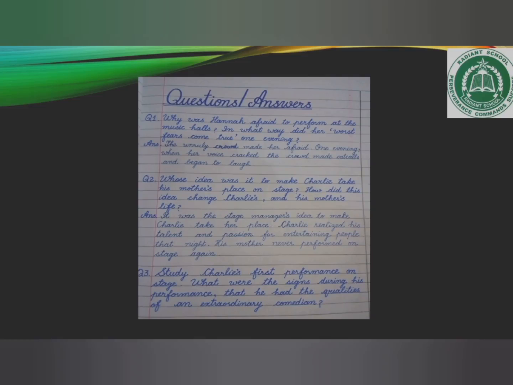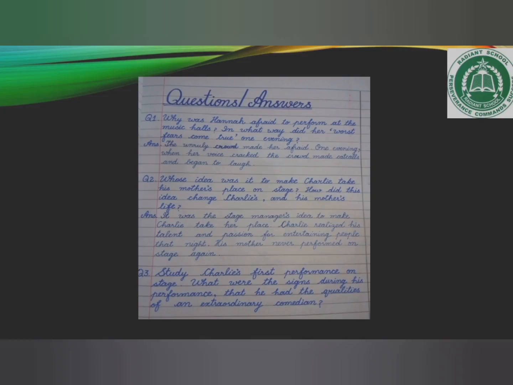Our question number 1 is, why was Hannah afraid to perform at the music halls? Question mark. In what way did her worst fears come true one evening? Question mark. There are two parts in one question. Write the answer.